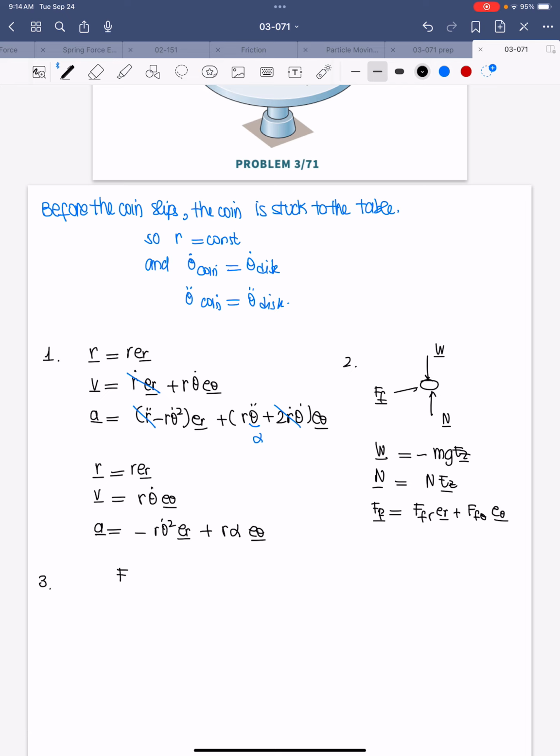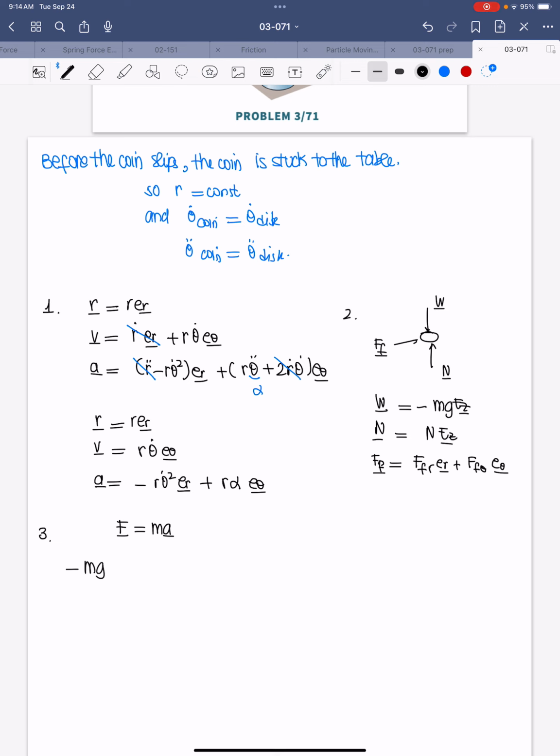Step 3, we'll write the balance of linear momentum. Minus mg EZ plus N EZ plus the friction force is equal to m times the acceleration, minus r theta dot squared ER plus r alpha E theta.